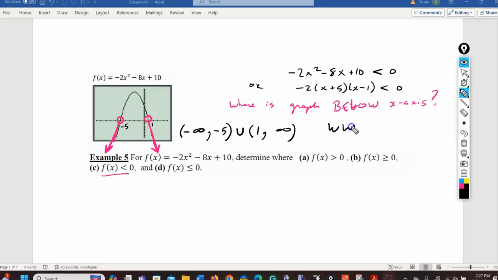Now on WebWork, you'll have to use INF. Now look for the instructions, because these are made from different textbooks. Sometimes the instructions will say do INF. Other times the instructions will say to write out the entire word infinity. Sometimes the instructions will say just to use capital I for infinity. Now, if they don't give you any instructions, usually this should be okay.